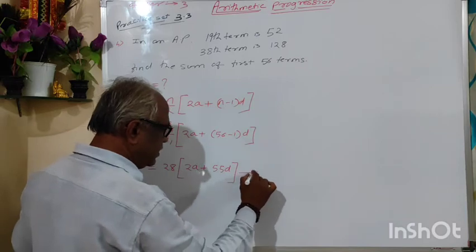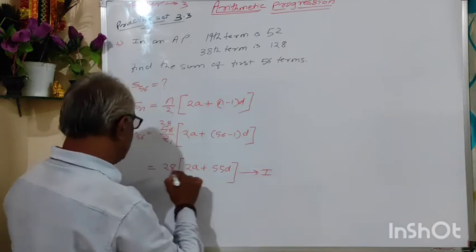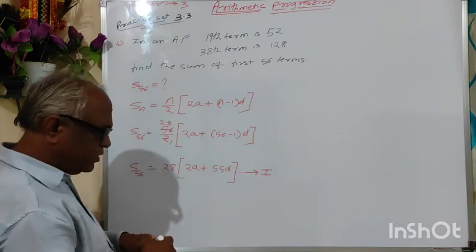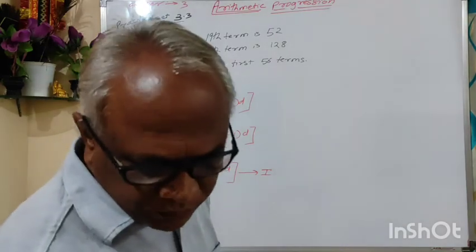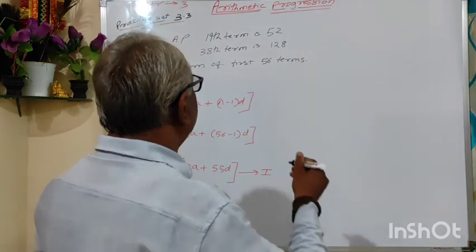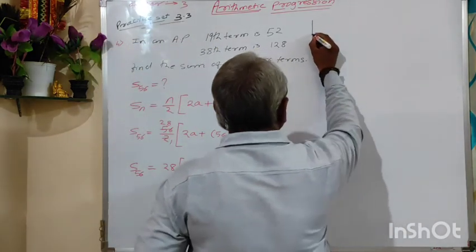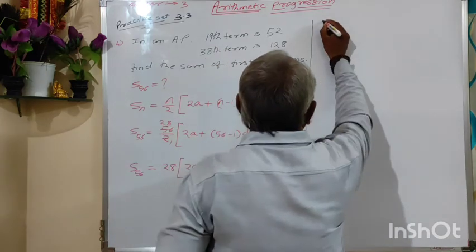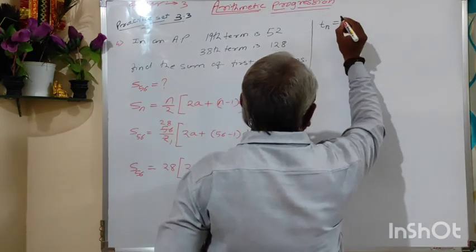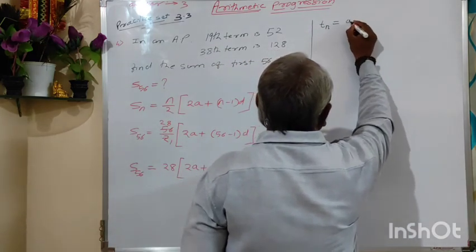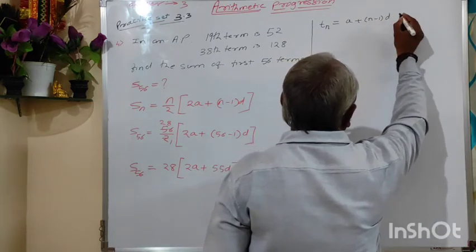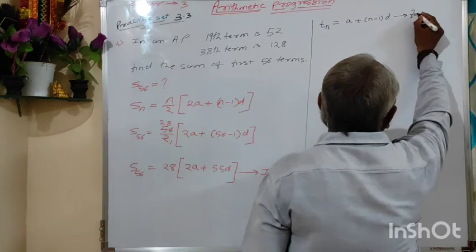This we have completed, that we will write here as equation number 1, that is S56 is equal to this we got. Now here by the condition given, we know the formula Tn is equal to A plus in bracket n minus 1 into D. This is our formula.